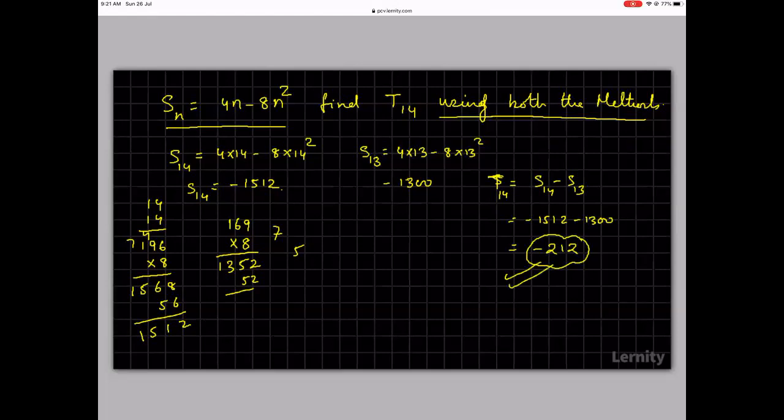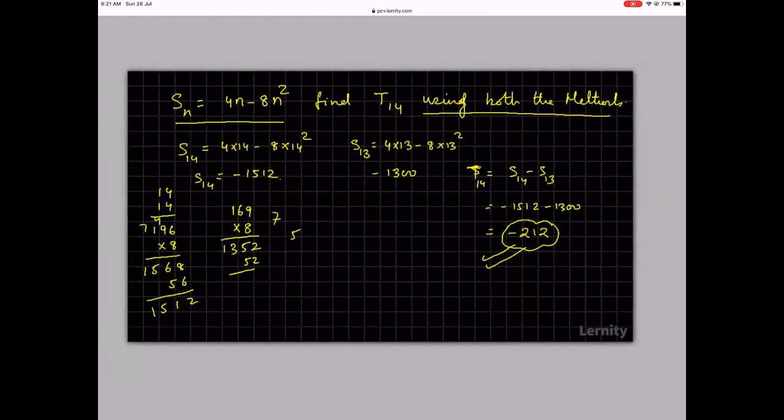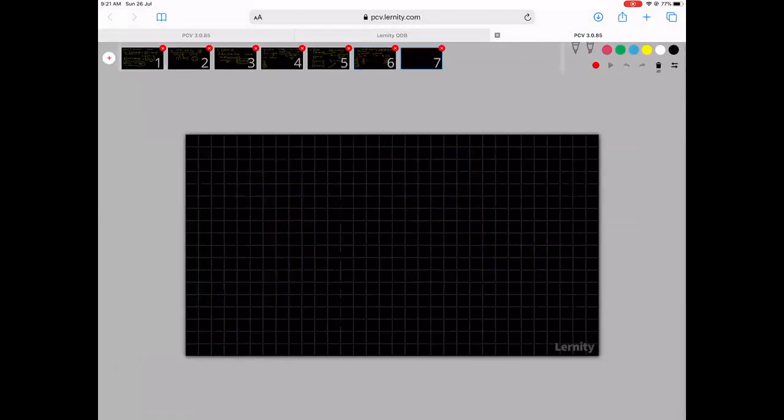There is another way I can do it. Sn is equal to 4n minus 8n squared. I take n by 2 common. If I take n by 2 common, it will become 8 minus 16n. So I write it as n by 2 into 8 minus 16n. I want n minus 1, right?